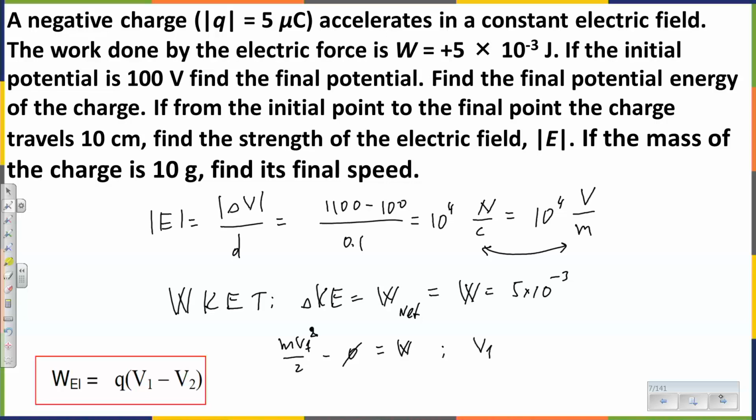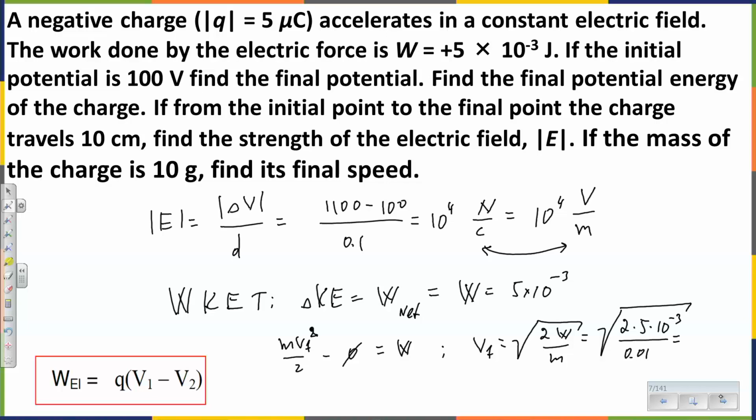So speed will be equal to the square root of 2W over m, which is, I don't know, 2 times 5 times 10 to the negative third over 10 grams, 0.01. 2 times 5 is 10.